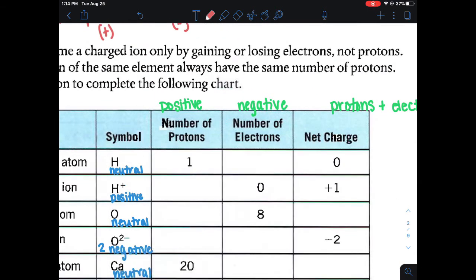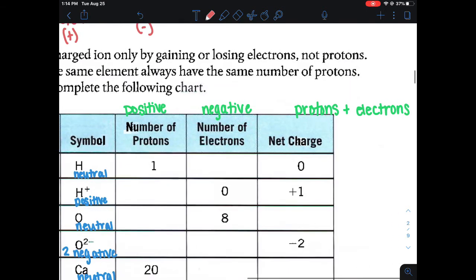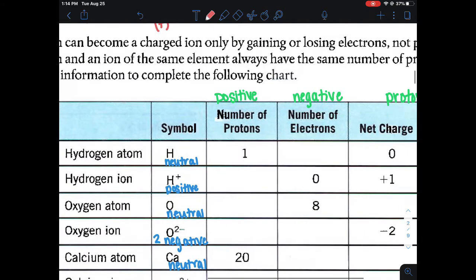I also wrote in that protons were positive, electrons were negative, and the net charge was protons plus electrons. So remember, protons plus electrons equals a net charge. And if this hydrogen atom is neutral, the net charge is going to be 0. We already knew that. Atoms don't have a charge. So 1 plus what is 0?